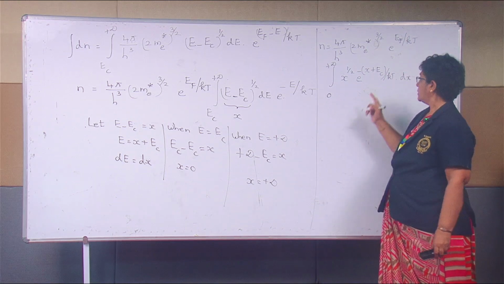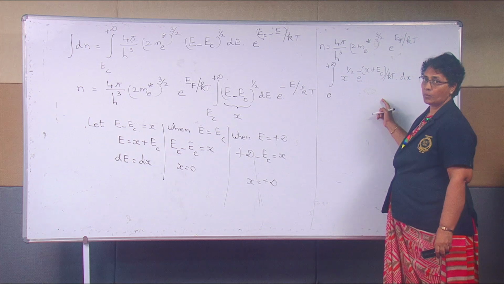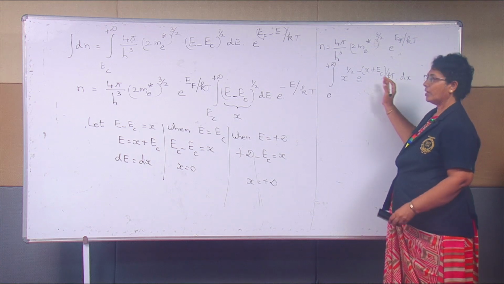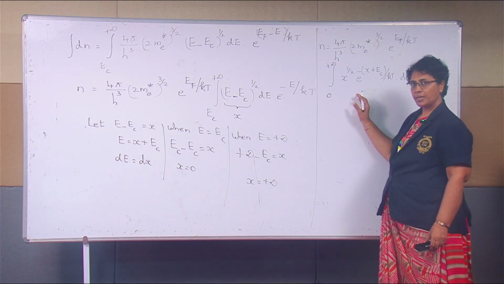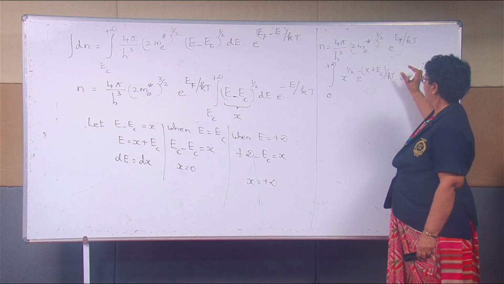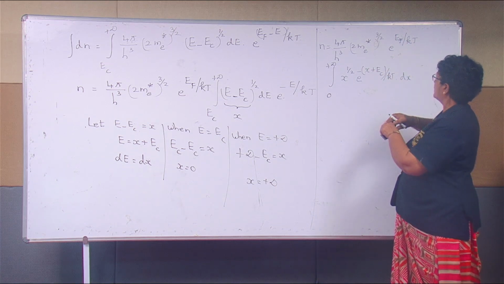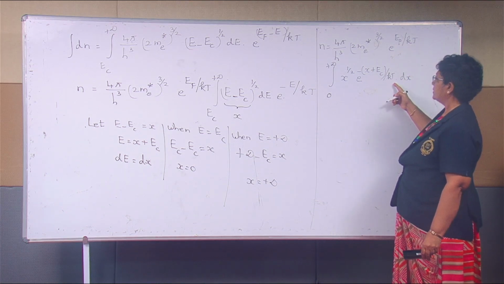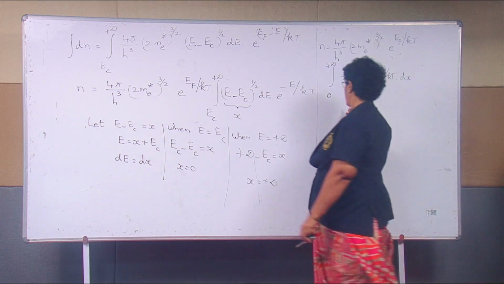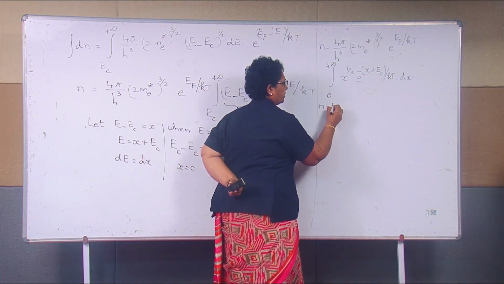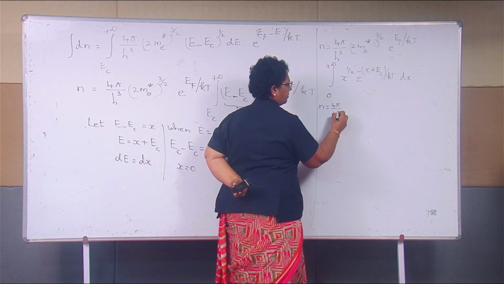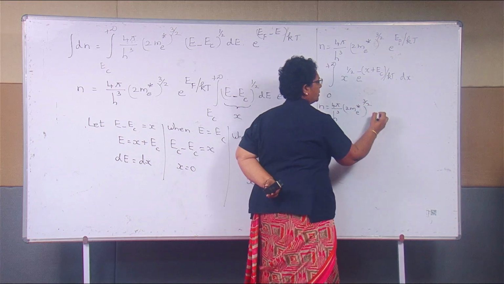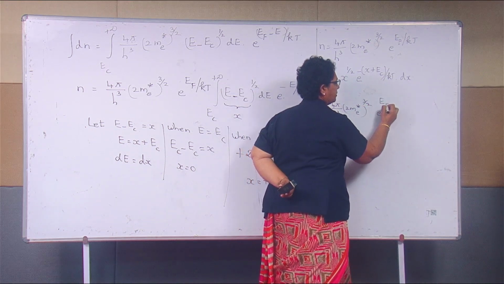It's kT. So now before integrating this, one more constant has been locked inside. That is nothing but EC by kT. You have to take that outside. So when you compare that term with the terms outside, I think we can link this with this, because this also has a by kT and this is also divided by kT. So n is equal to 4 pi by h cube 2m star to the power 3 by 2 e to the power of EF.